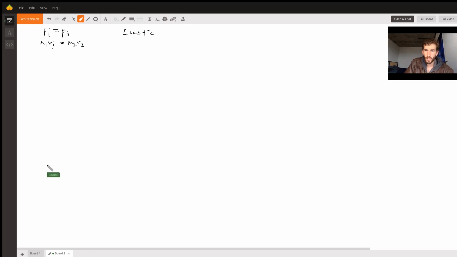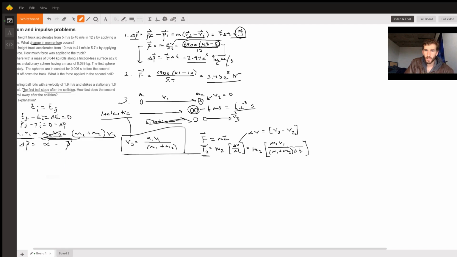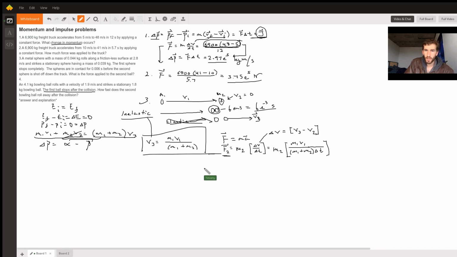So all you do is just plug in your M1 V1, which is going to be one. So M1 is going to be mass 1, V1 is going to be the velocity of the first ball.